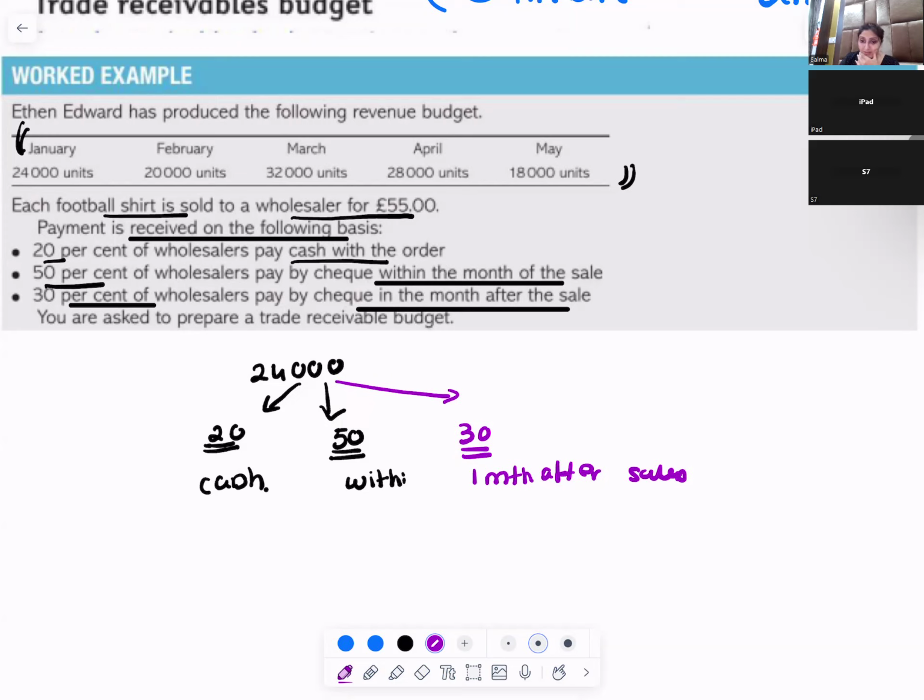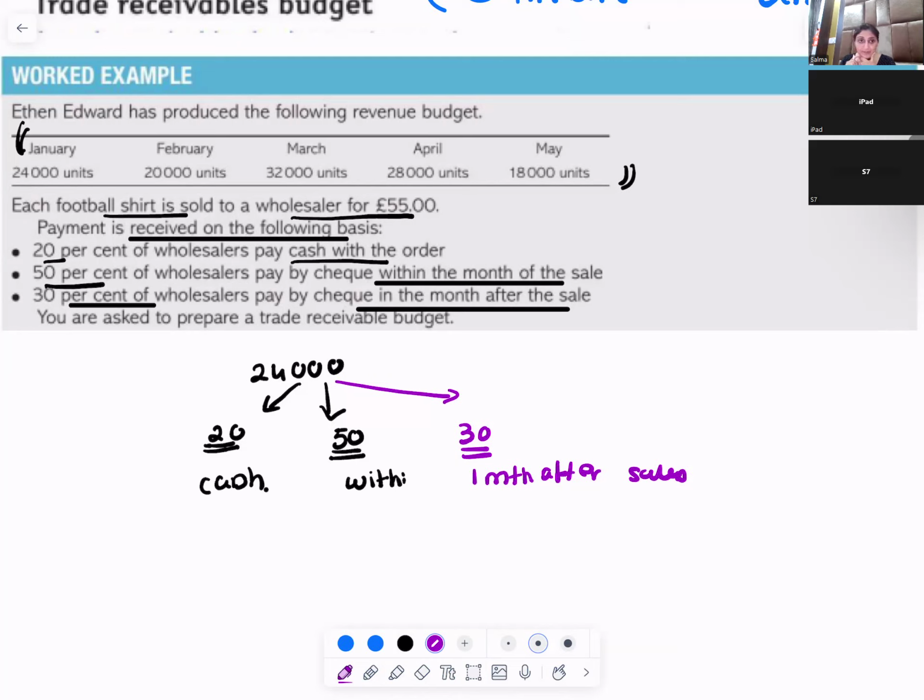So if you are in the month of January, what would be your balance brought down? It would be zero because there's no information, right? If you're in the month of February, then you'll have 30% of 24,000.